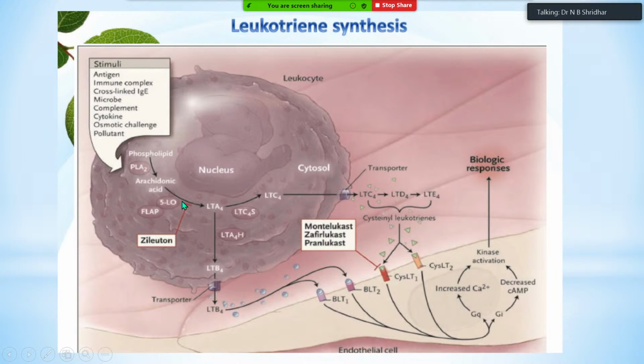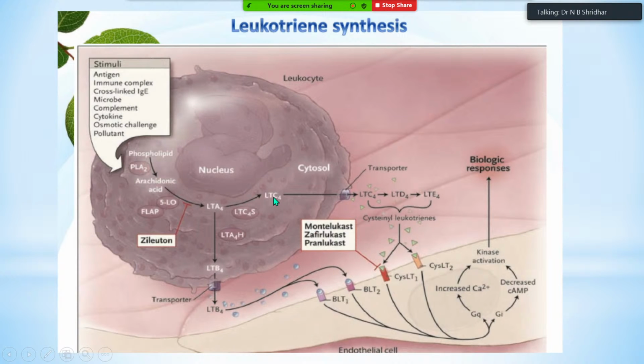Then because of this, leukotriene A4 is formed. Then this process is inhibited by zileuton, and LTA4 is converted to LTB4, which then acts on the different types of receptors.